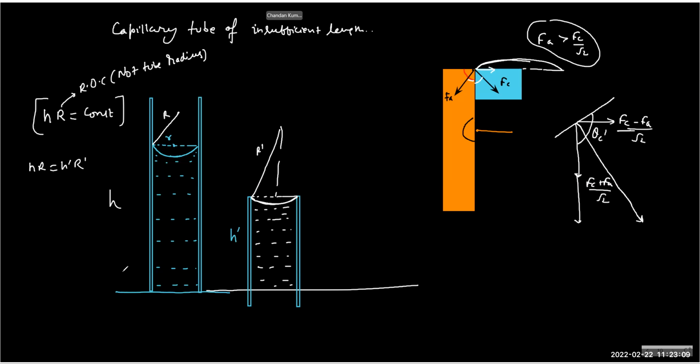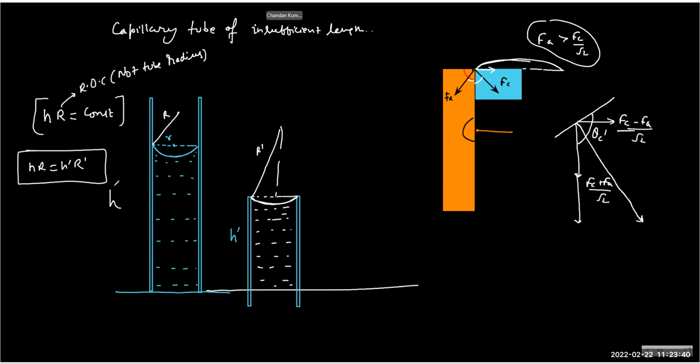So curvature within the capillary and near the edge will change, but they make sure that h dash and r dash will be like this. If you make h dash 0, then r dash becomes infinite, which means a flat surface. That's why I said the curvature will go from concave to flat in case of capillary. I hope this is clear to you.